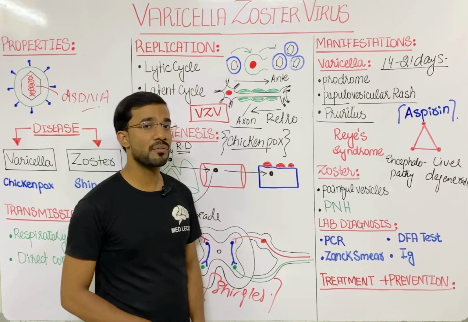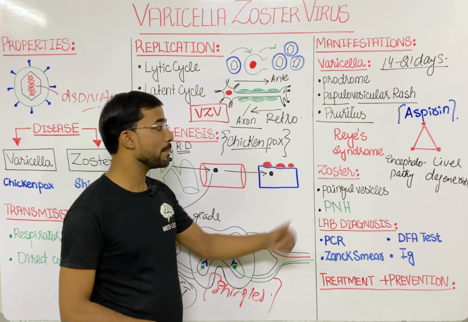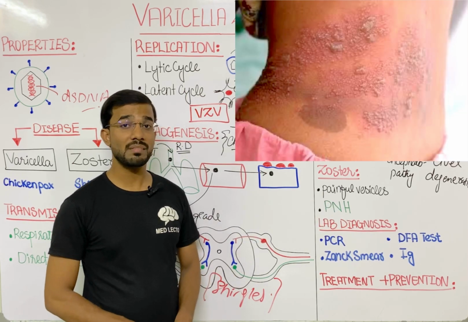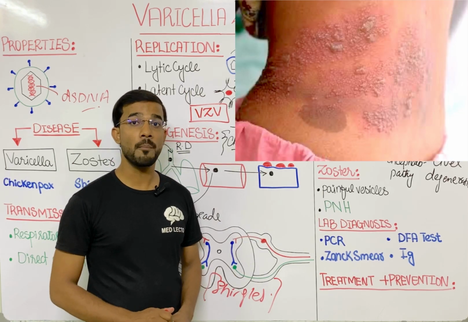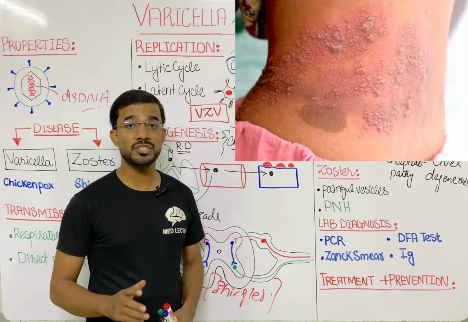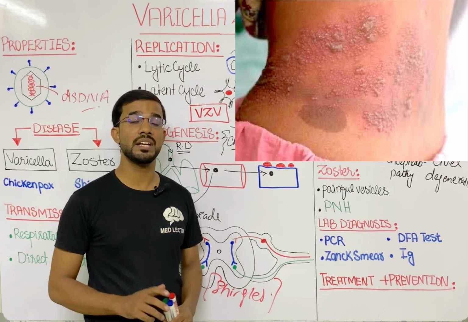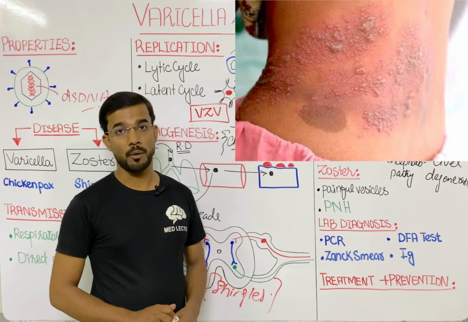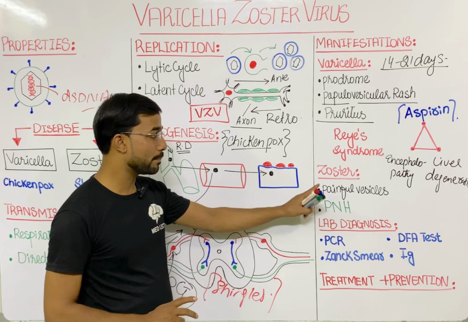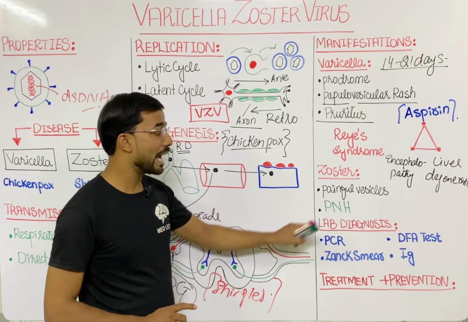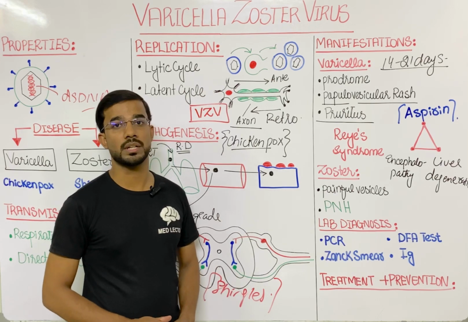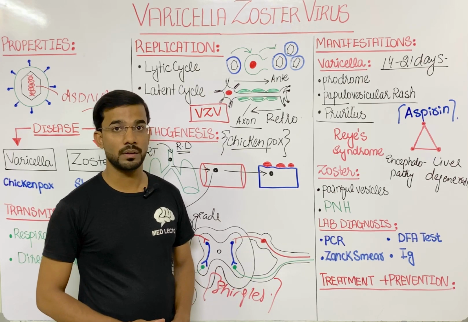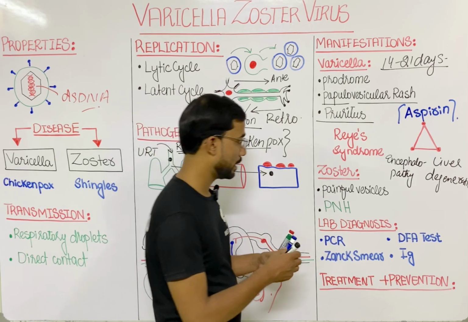Next is the manifestation of zoster. You will see painful vesicles, and the vesicles will form along the sensory neuron pathway, specifically on the dermatome. That is the important thing in the zoster virus. You can also see postherpetic neuralgia, neuropathic pain, in that case.